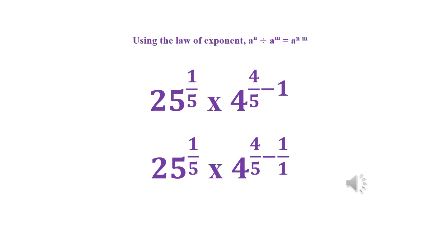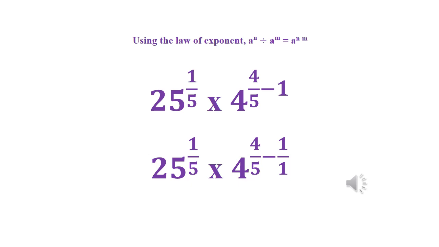Now using the law of exponents again, that says a raised to power n divided by a raised to power m equals a raised to power n minus m. So we use that here for the right side of the multiplication sign, where we have base 4 common. So we have 25 raised to power 1 over 5 times 4 raised to power 4 over 5 minus 1.